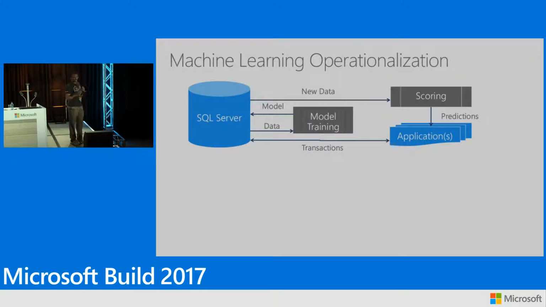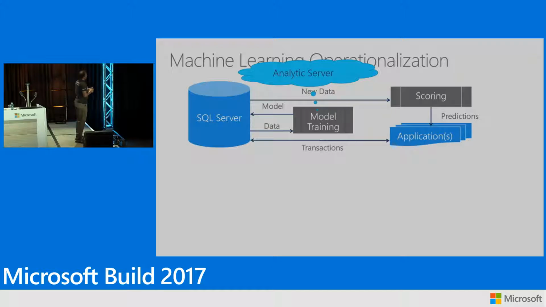Then you take those predictions and incorporate them into the application. The application here could be a website, a Power BI dashboard, anything. That's consuming the predictions and giving them to the end user, in the form of an email or an indication in the website and so on.